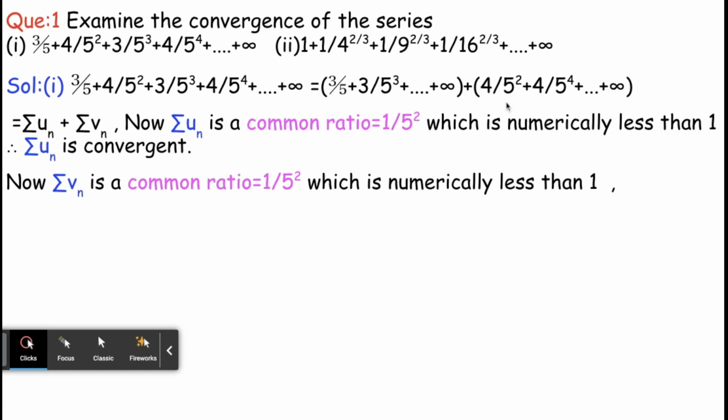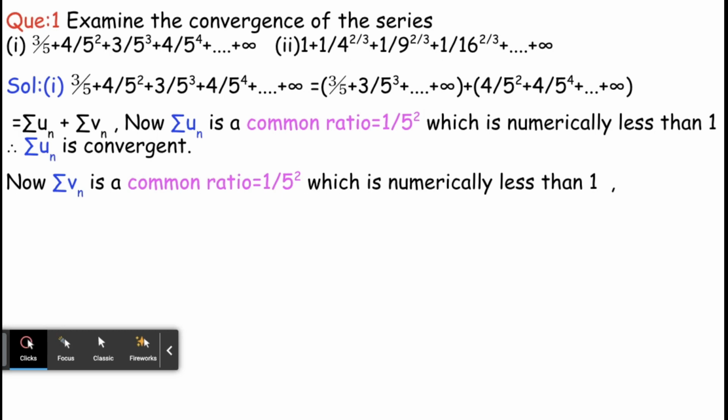We take 4 as common in this vn series, and when it reaches the infinite term we get 0. So if we add 1 upon 5 squared plus 1 upon 5 to the power 4, we always get a convergent series, because each next term is smaller.